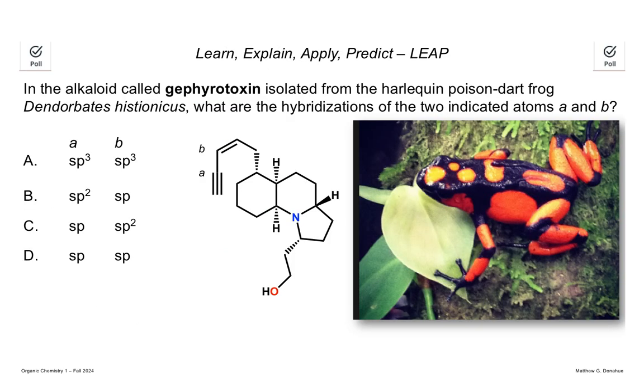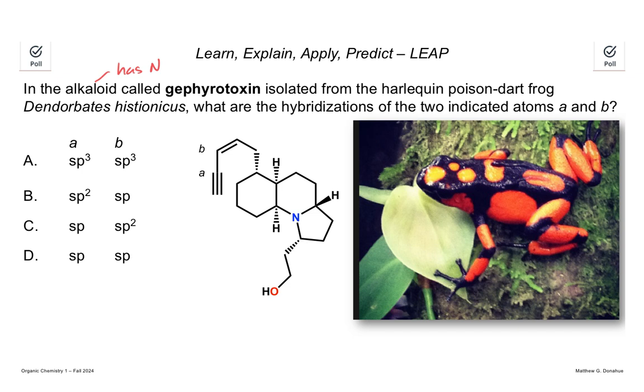So let's practice. The molecule shown is called gifratoxin. As you can see in the word, it says toxin. It's an alkaloid. Alkaloids are naturally occurring molecules that have a nitrogen atom.